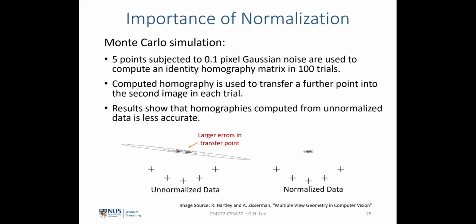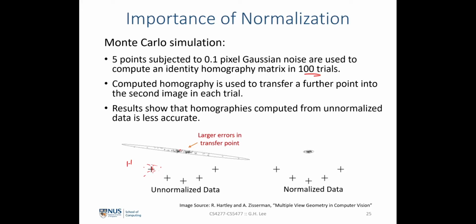Suppose that I have 5 points selected from one image, and these 5 points are corrupted with noise, each one over 100 different trials with 100 different noise. Every time, these 5 points are corrupted with a 0.1 pixel Gaussian noise, and we use that configuration to compute the homography that transfers any one of these points to the next image over here.